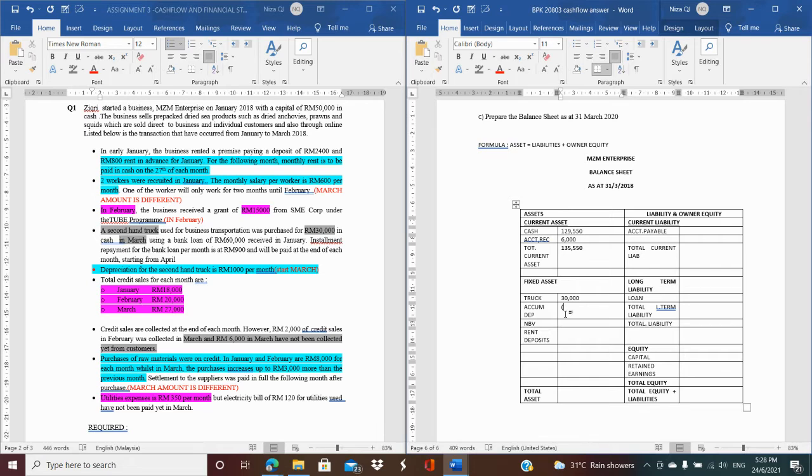Because this was acquired in March, the accumulated depreciation will be the same as the depreciation amount.